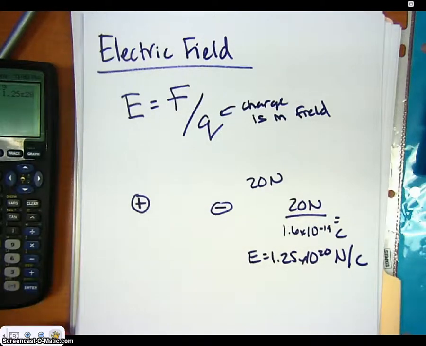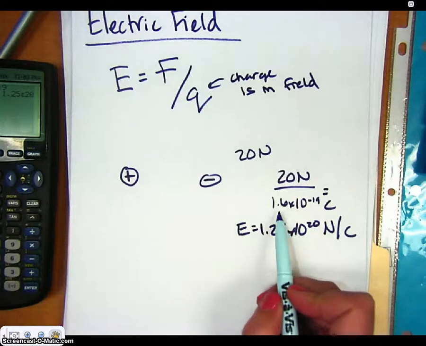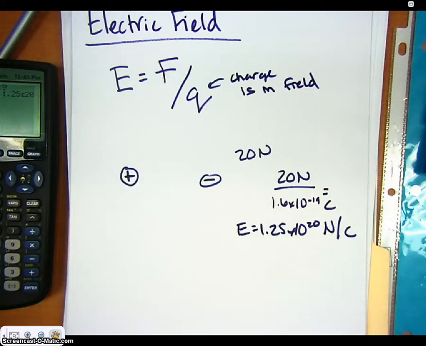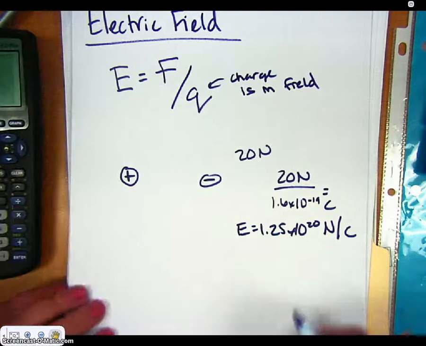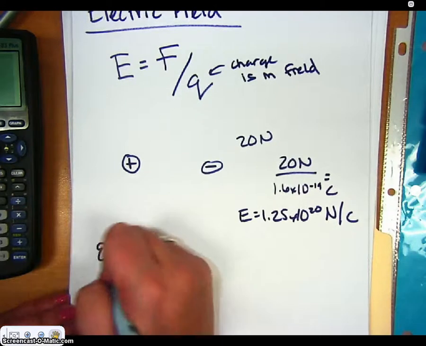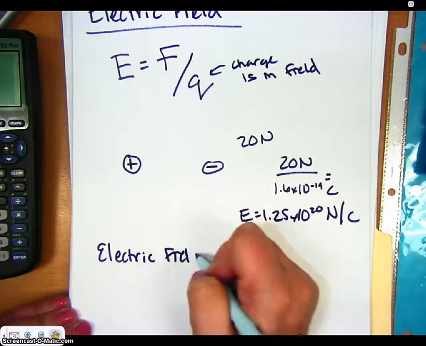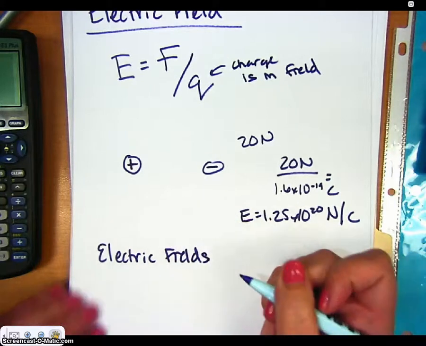Alright, so notice that I didn't put a minus or a plus sign in here because there is a convention for electric field lines. Electric field lines are vectors, and they point towards the negative or away from the positive.